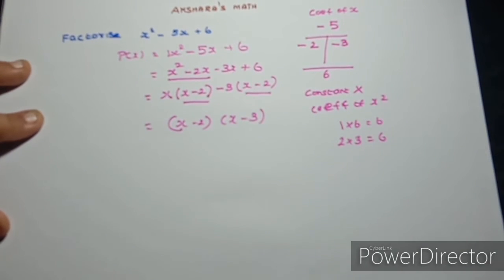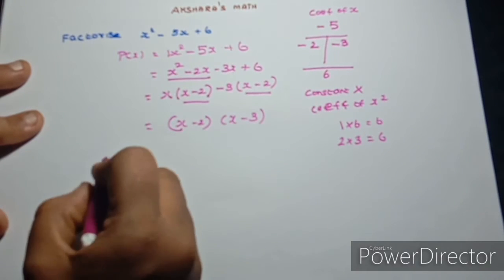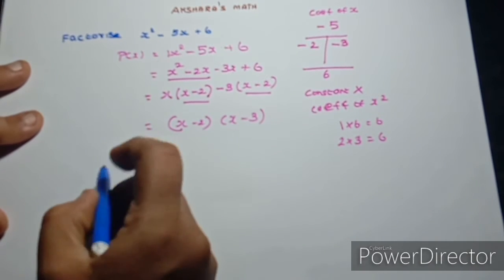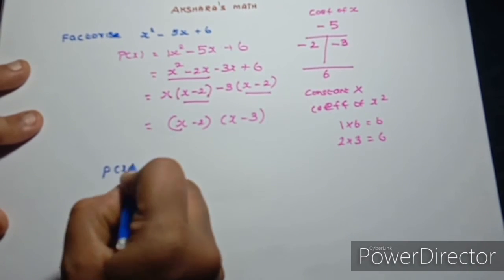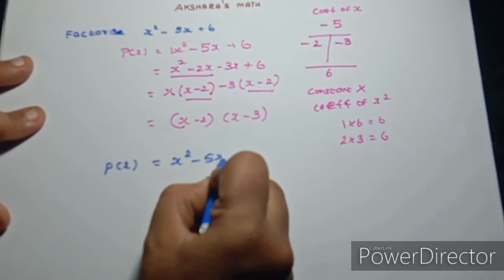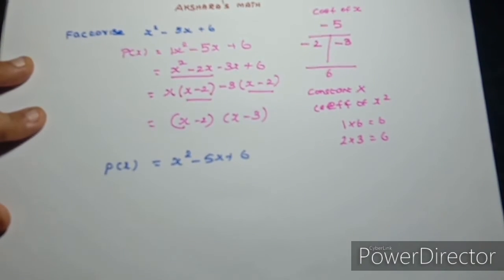This is the traditional way of factorizing a quadratic polynomial. But now I am going to teach you a method which is very simple, by means of which you can directly come out with the answer in one step. So now I will write p of x is equal to x square minus 5x plus 6.